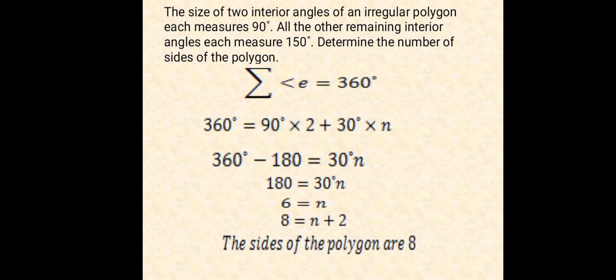The size of two interior angles of an irregular polygon each measures 90 degrees. All the other remaining interior angles measure 150 degrees. Determine the number of sides of the polygon. Now we know the sum of all exterior angles of a polygon is 360.